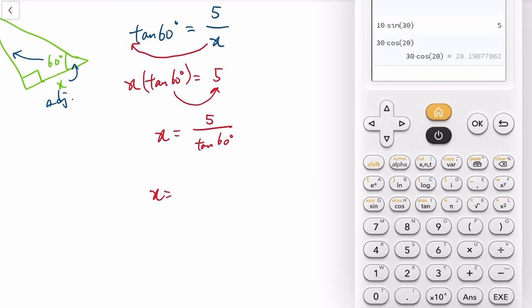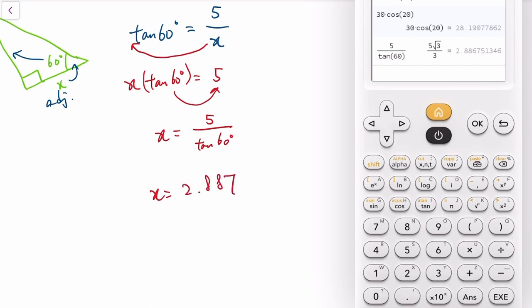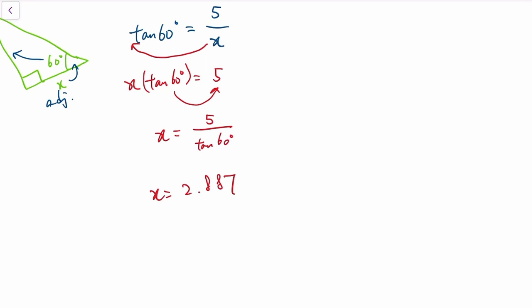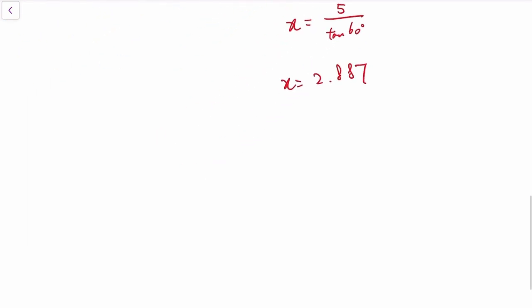And so x can be found by typing that into the calculator. 2.887 roughly. So that's how you find a side using trigonometry.